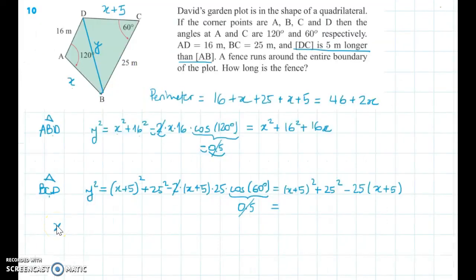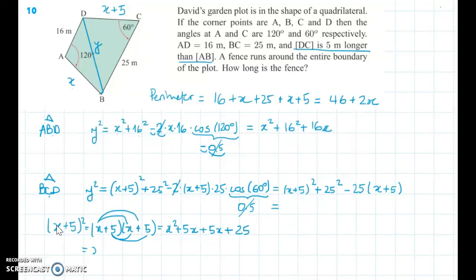So here it goes. x plus 5, all of that squared. That means that we are multiplying x plus 5 times x plus 5. So this is going to be x squared plus 5x, again plus 5x, and then plus 25.